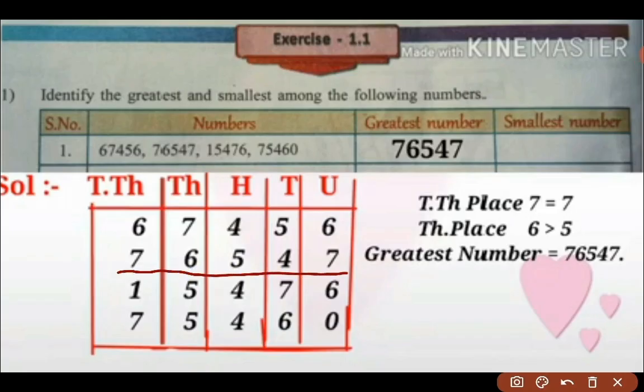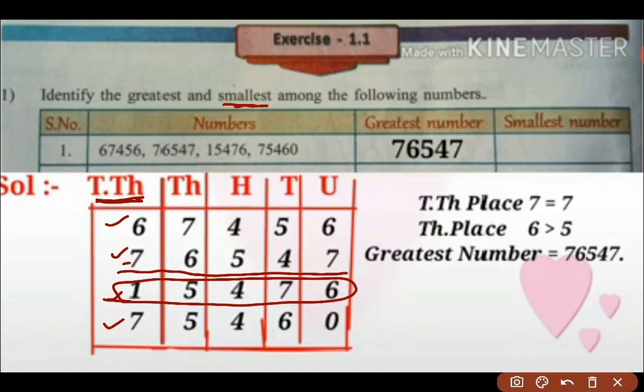All right, now in the question they have asked which is the smallest number. So this is the higher place. Okay, compare all these numbers, 6717. So this one is the smallest number, isn't it? So this will be your smallest number compared to all the rest of the 3, isn't it, students?